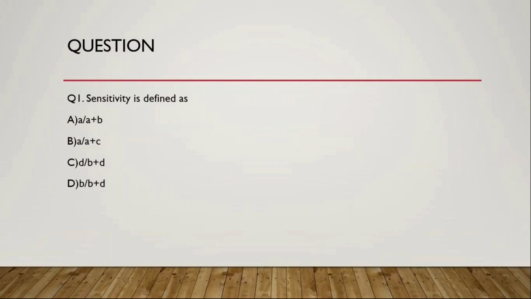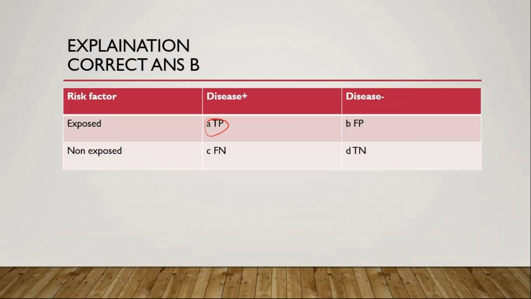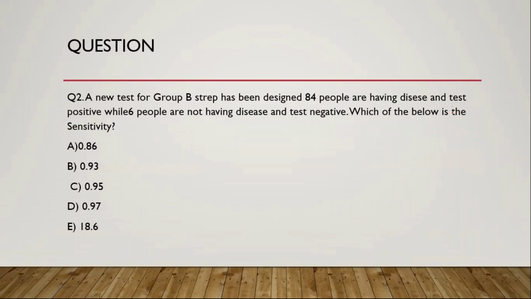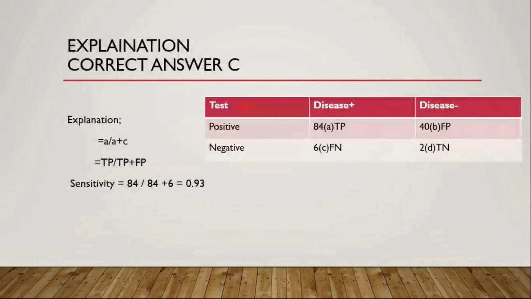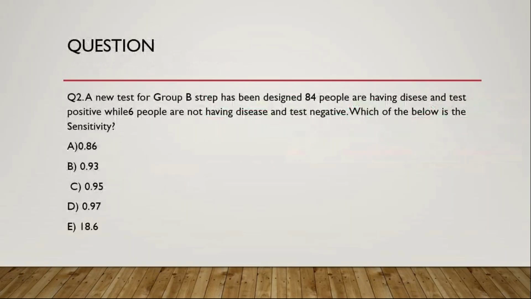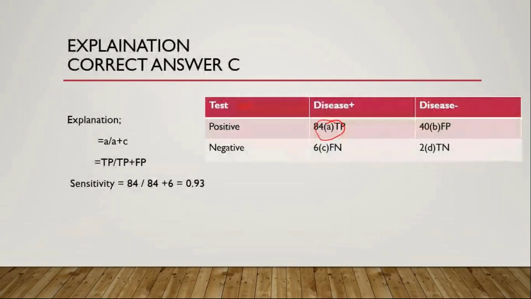The 6 people are having the disease but the test is negative, so 6 are false negative. So it is A upon A plus C, that is true positive upon true positive plus false negative, and the answer will be 0.93. I hope the answer is clear to all of you.